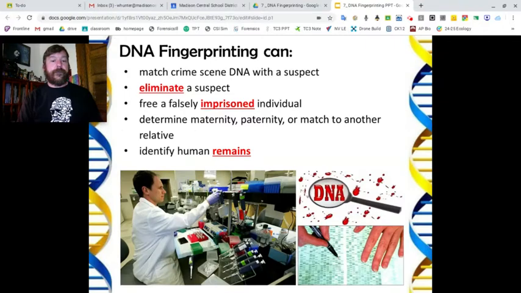So in the past, we've talked about the Innocence Project. DNA is being used very, very often by the Innocence Project now to do things like free falsely imprisoned individuals. And it is this technology that is actually being used a lot of the time now to help prove that people who are wrongly imprisoned should be let go. And it's actually really interesting.